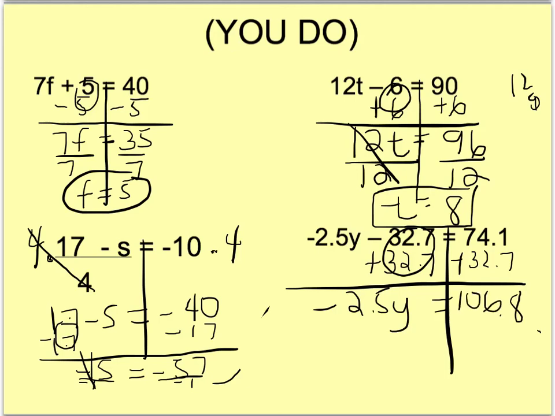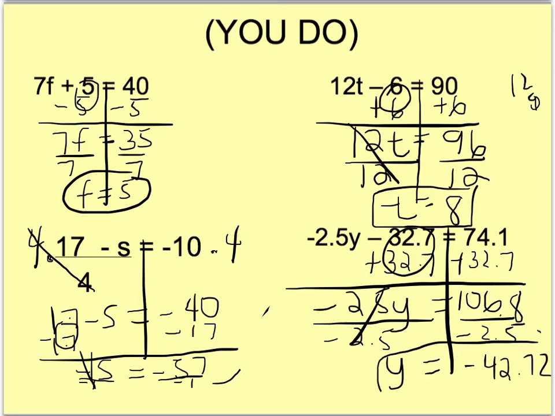Then I'm going to divide by negative 2.5 on both sides. And here I get y is equal to, this is going to be a negative because I have a positive number divided by a negative number, 42.72. Okay, so this is the end of part 1 for this lesson.